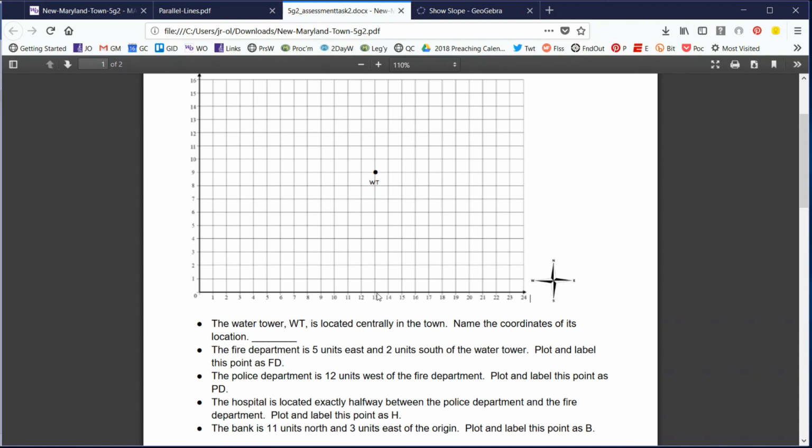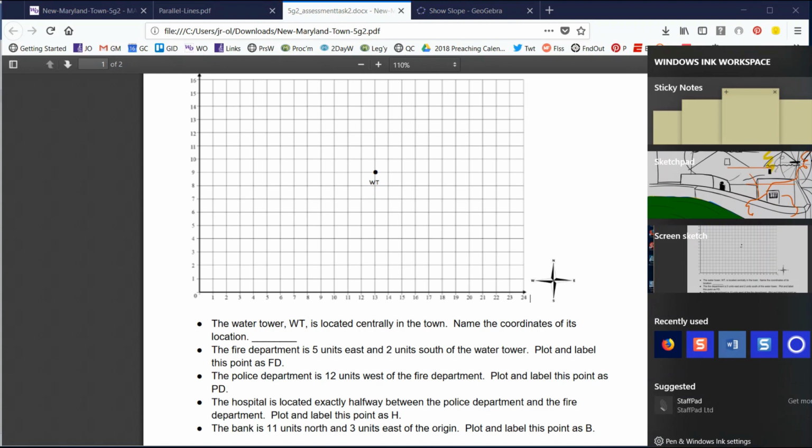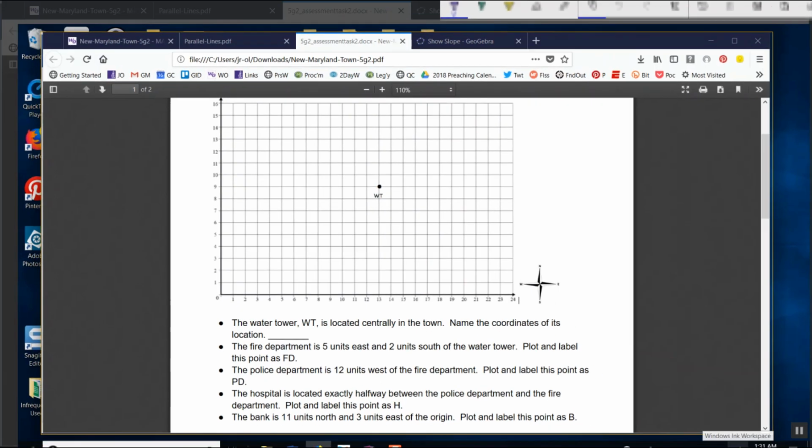Okay, this is 13, 9. So let's see if we can write that in there. 13, 9. The fire department is 5 units east and 2 units south of the water tower.